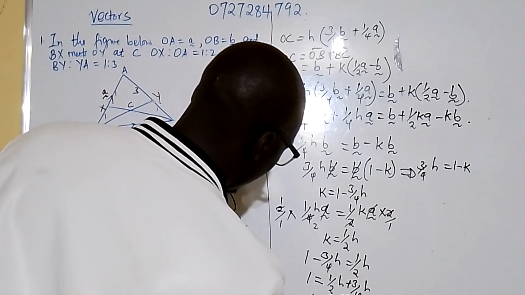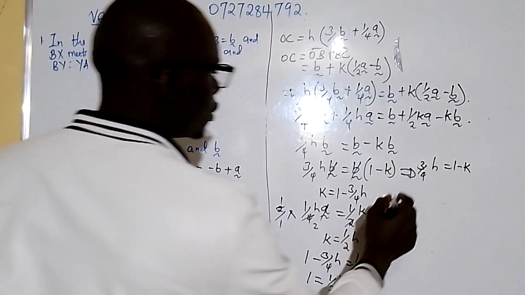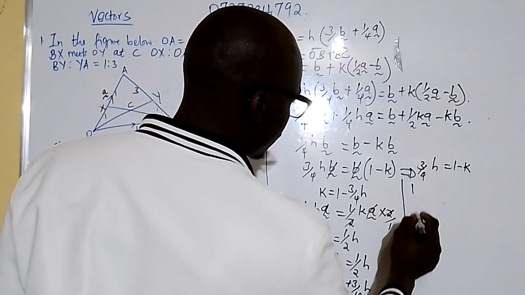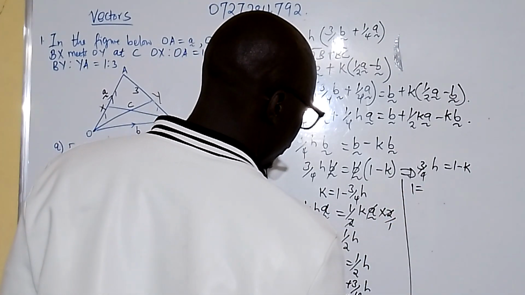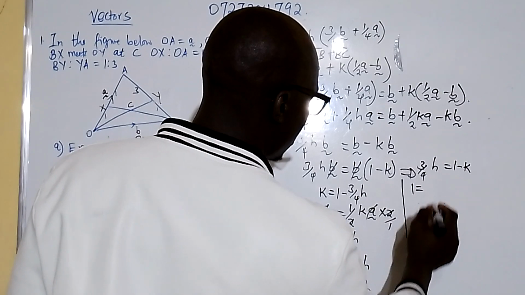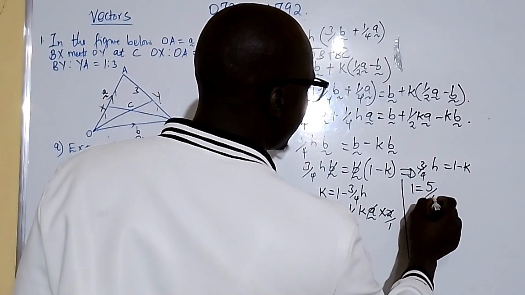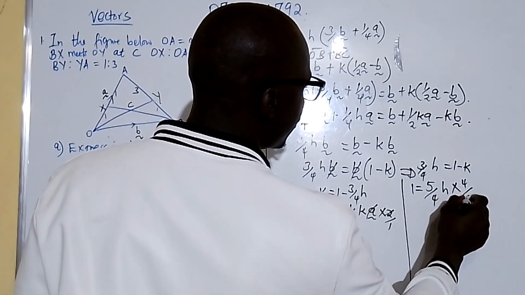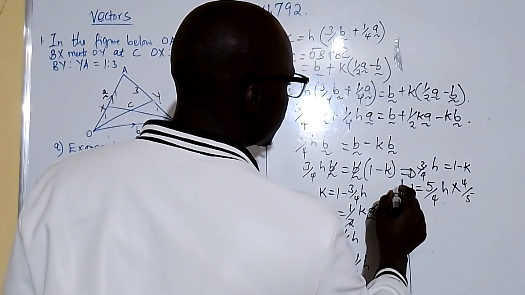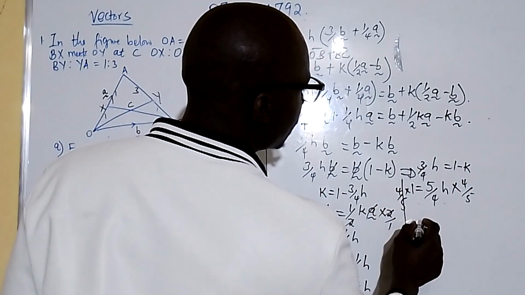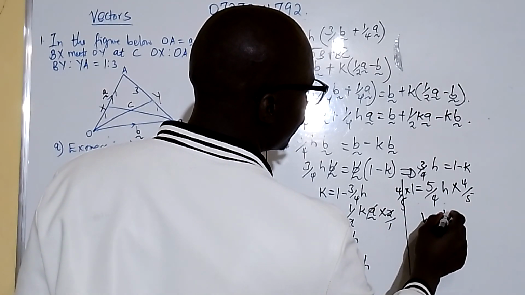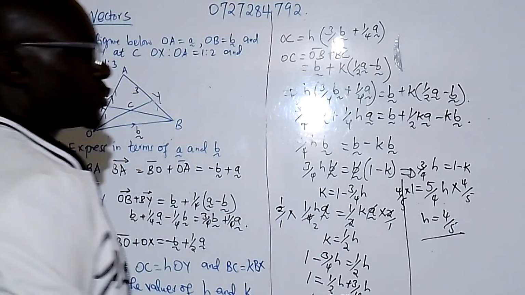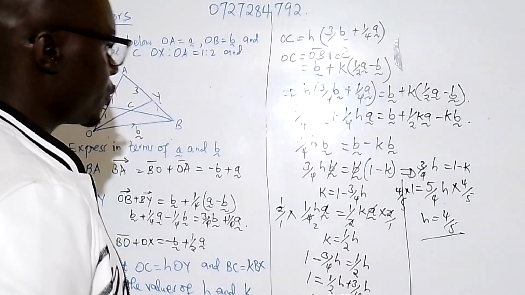Let me write it this other side, 1 equals 5 over 4 H. Multiplying both sides by the reciprocal, times 4 over 5, H is equal to 4 over 5. That is the value for our H.